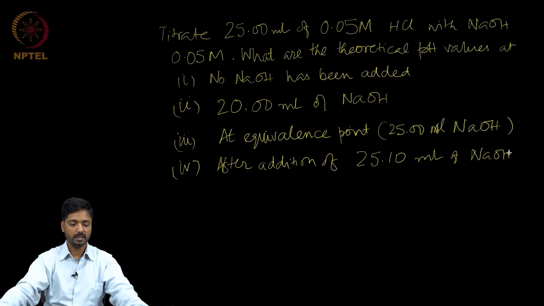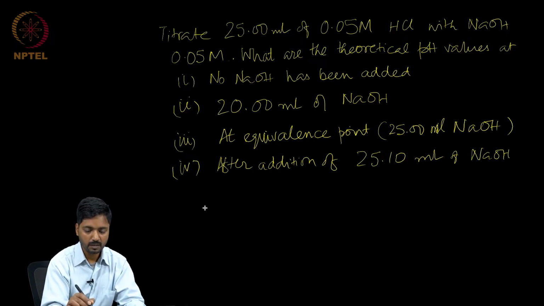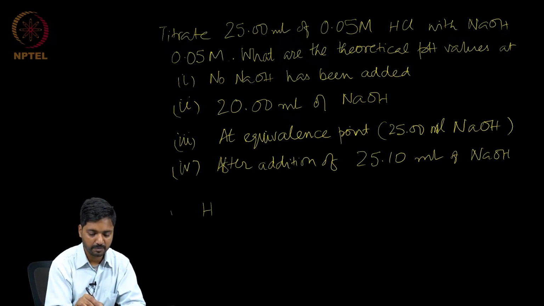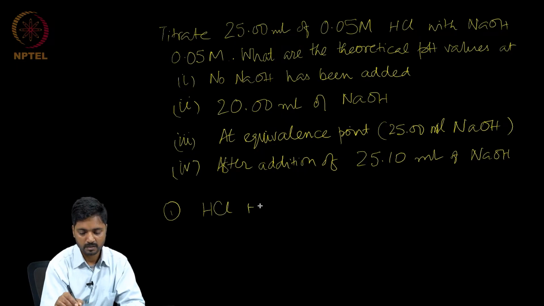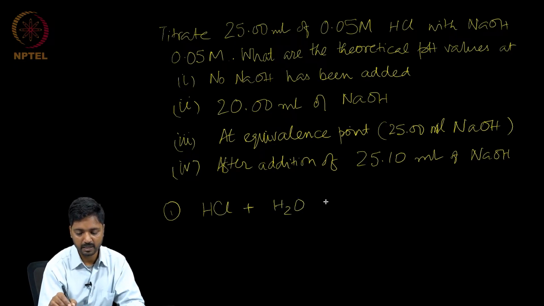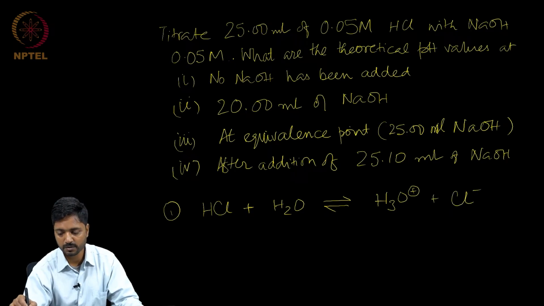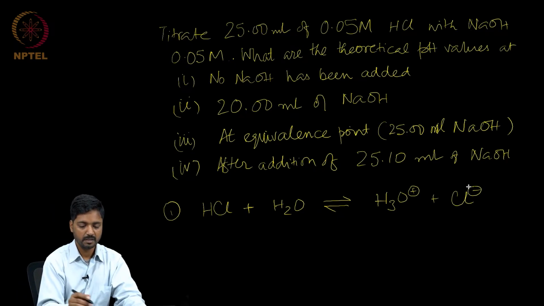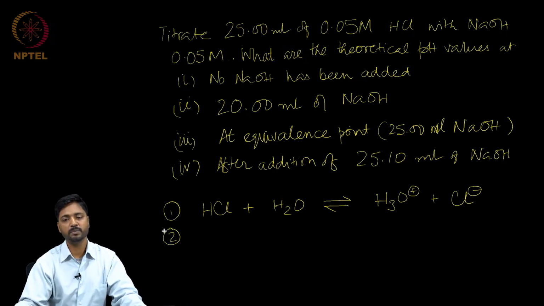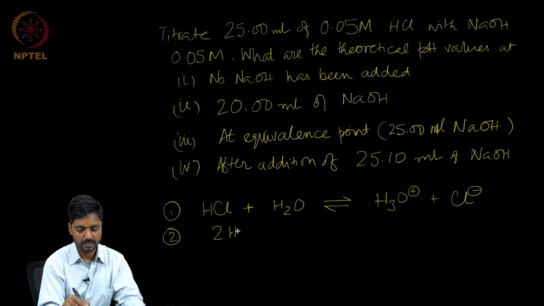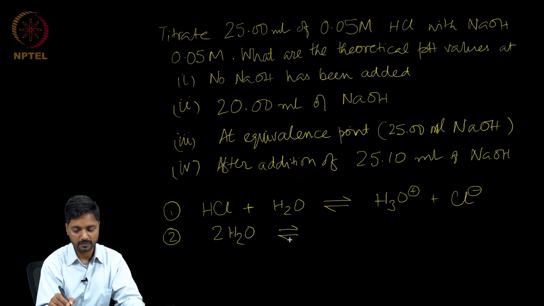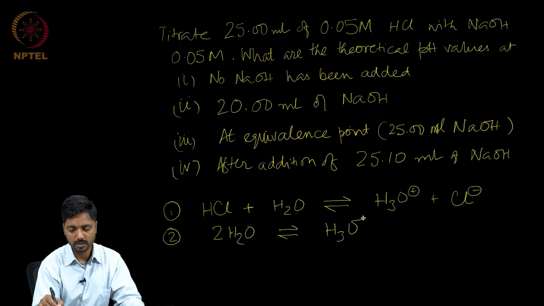So let us begin. Let us first see what are the equilibria that we need to consider. The first equilibrium is the dissociation happening of the hydrochloric acid into hydronium ion and chloride ions, and the second equilibrium that may be of relevance here is the self dissociation of water into hydronium ions and hydroxyl ions.